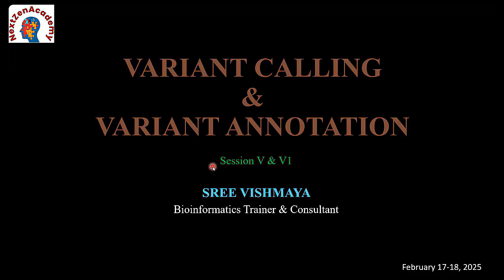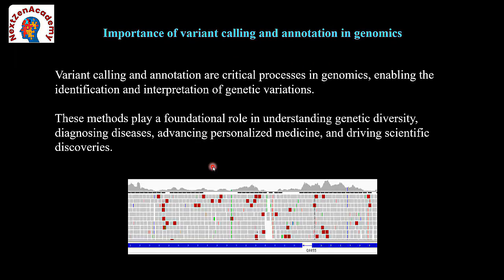Once the sequence is aligned properly with the reference genome, we need to call the variants. The main important step of NGS data analysis is calling the variants, and once the variants are called, we need to annotate them.